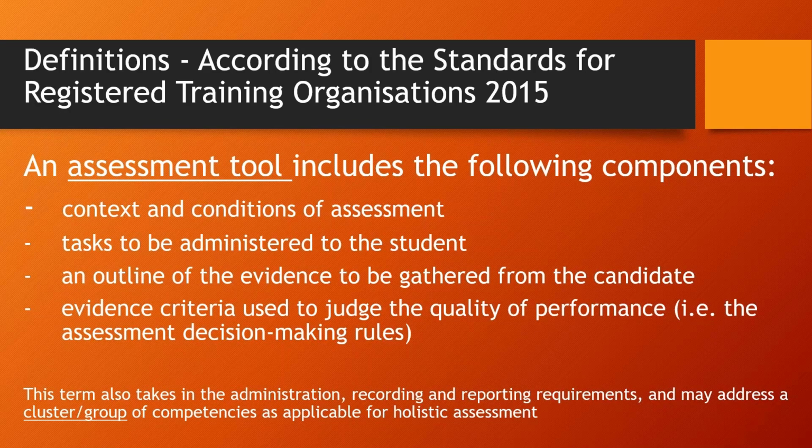And then we have to have some sort of evidence criteria to make sure that if you had multiple assessors deeming multiple students as competent, they all know how to judge if someone has met the standard. So when we talk about evidence criteria to make a decision about competence, we're talking about things like a marking guide, and that would be things like model answers for a knowledge test.